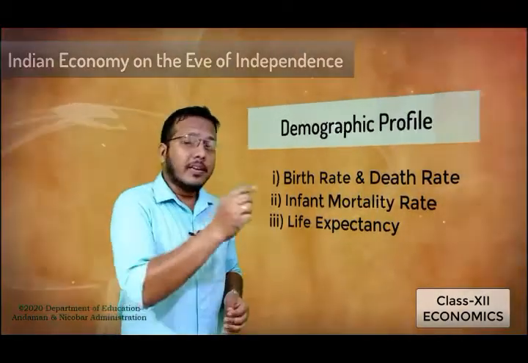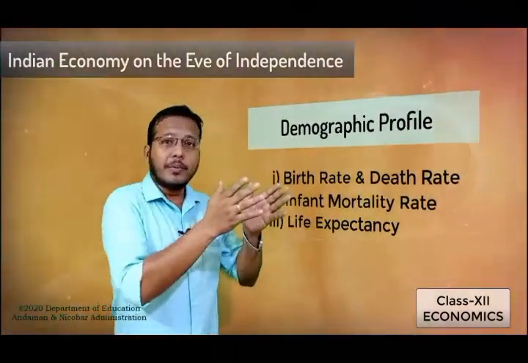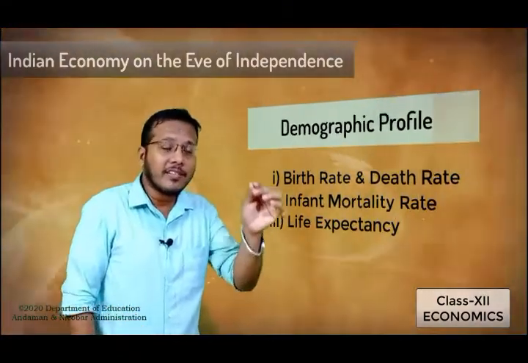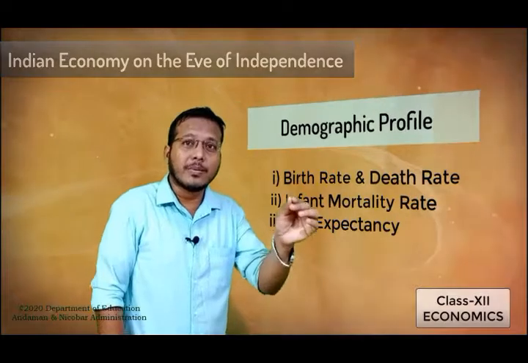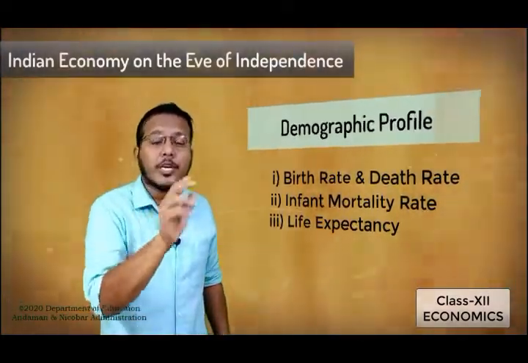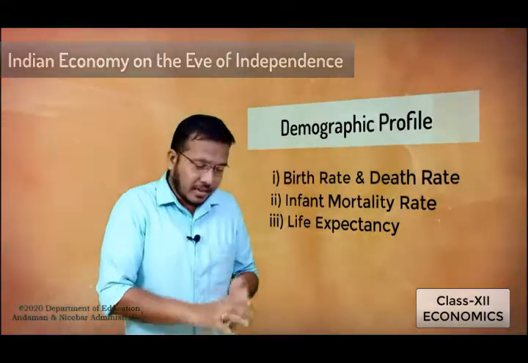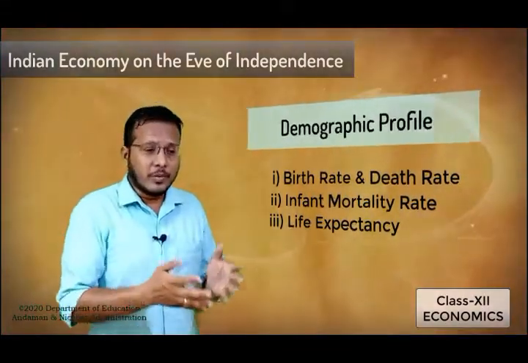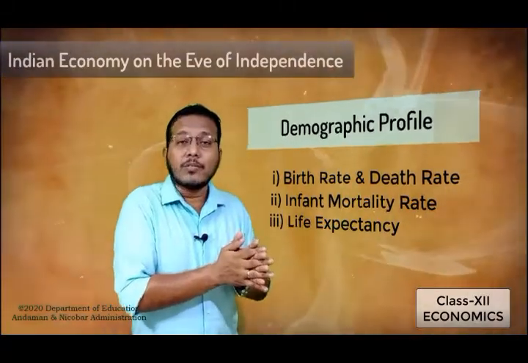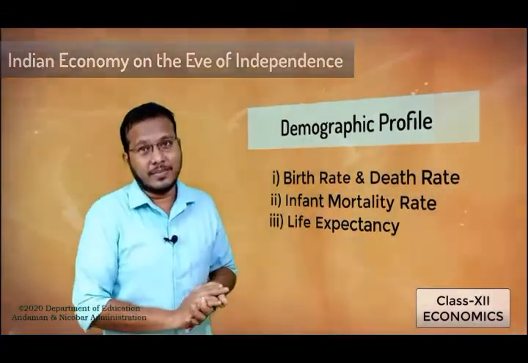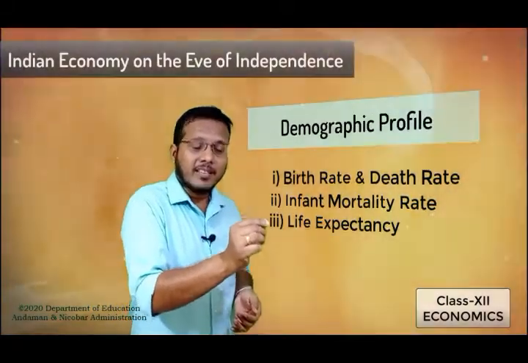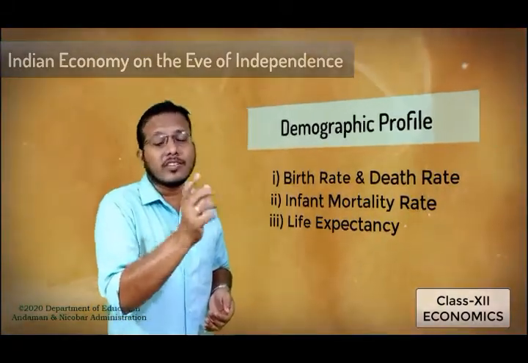At the time of independence, that is at the time of British rulers, the life expectancy, the average life of a person in our country, was only up to 32 years. But nowadays, the life expectancy of people at the present time is nearly 66 years. That means on average, a person living in India has a life expectancy of 66 years.